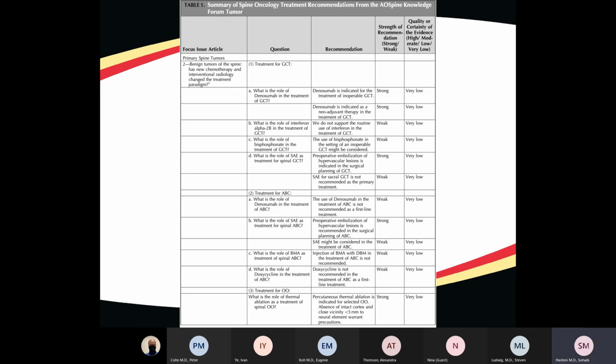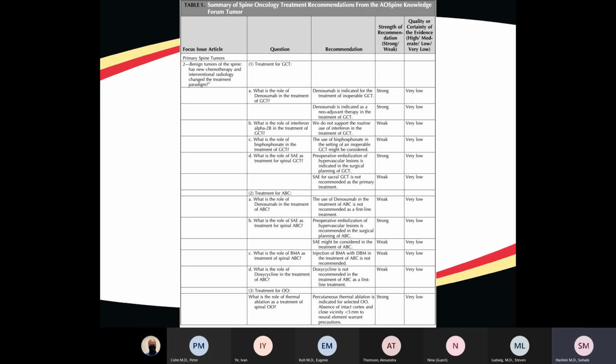What we'll notice as we go through this is that although the strength of recommendations from the different literature that exists is potentially moderate to strong, at best, the quality of all of this evidence is so low, given, number one, the rarity of primary tumors of the spine, and secondly, the metastatic patients that most often have spine pathology have such a difference in systemic burden that it's very difficult to study those patients.